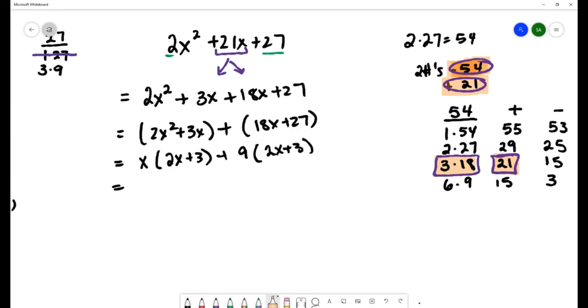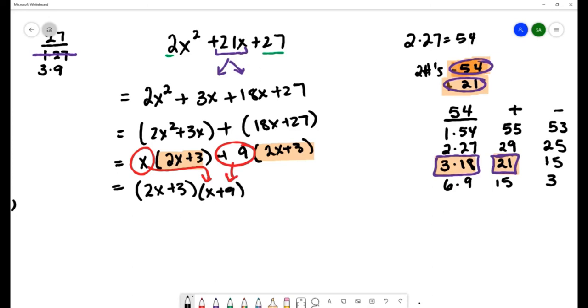What's in the parentheses match each other, and so we're going to be able to factor out the common 2x plus 3, and you're going to be left with x plus 9.